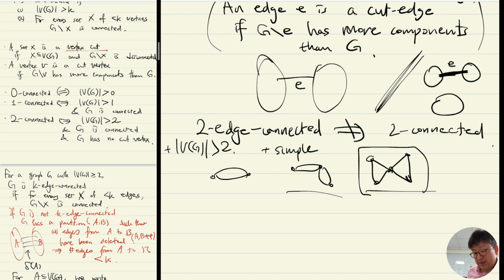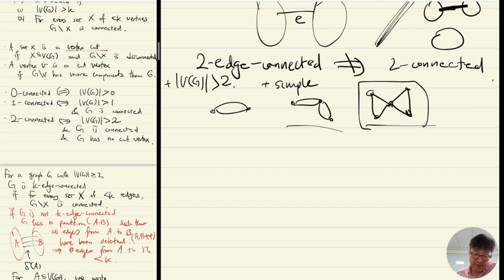If you delete any edge, the graph is connected, but when you delete the vertex in the middle, the graph is disconnected. So two edge connectedness, even with some extra condition, doesn't necessarily imply two connectedness. However, there is a case where this is actually true, but let me not mention this. But the converse is true.